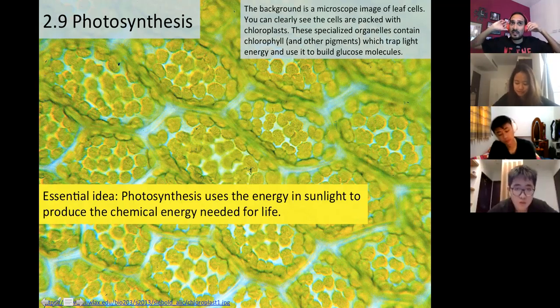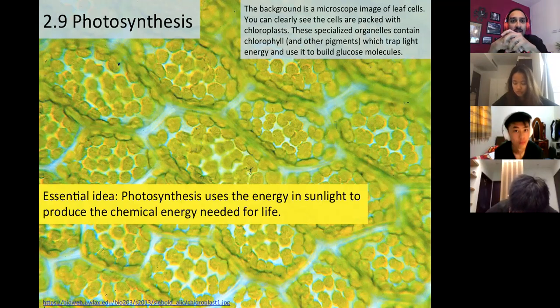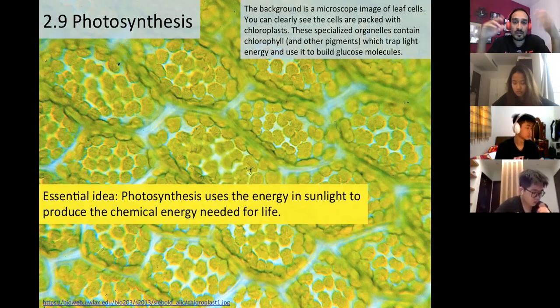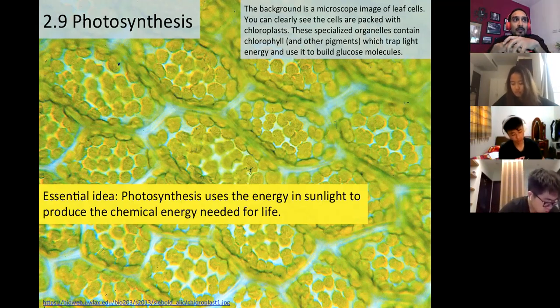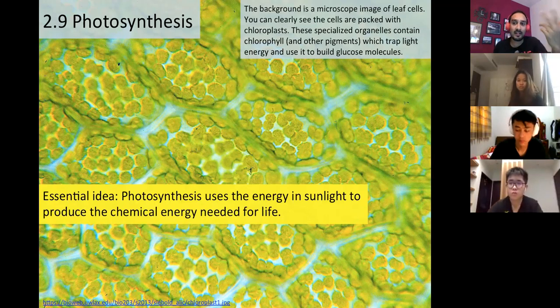And this is where we can get very philosophical, right? All the energy that gets converted through food webs and food chains would be impossible if not for photosynthesis. Because that energy in the form of plants then gets converted to the bodies of animals, which then get eaten by other animals.